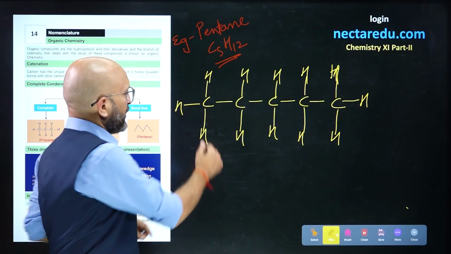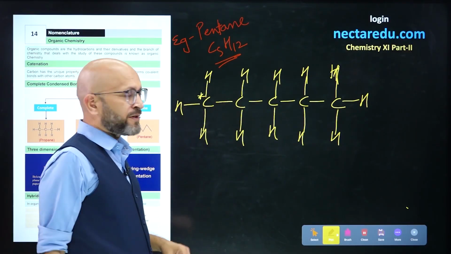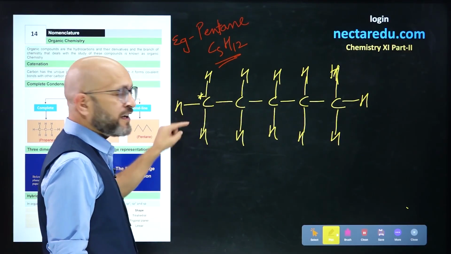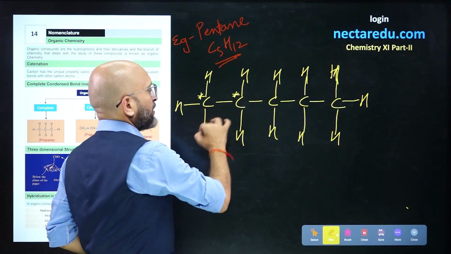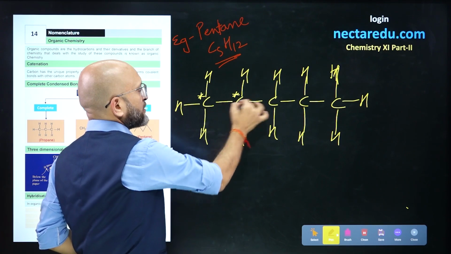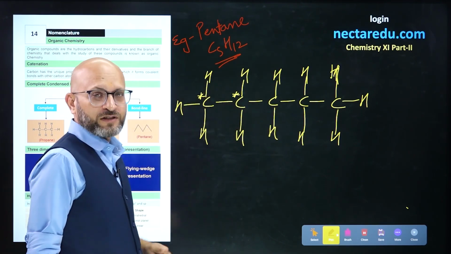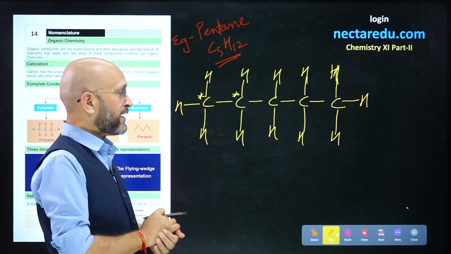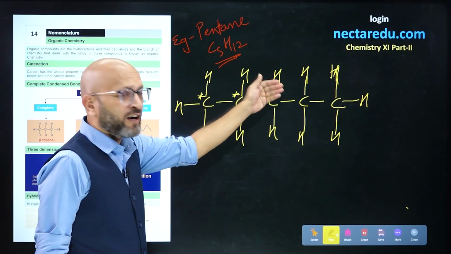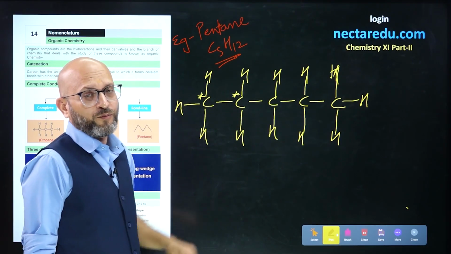If I am checking this carbon, it has formed 1 bond with this carbon, so the remaining 3 bonds are formed with hydrogen. Similarly, this carbon has formed 2 bonds with adjacent carbons, so the remaining 2 bonds are formed with hydrogen. Alright. Each carbon atom you can check in this structure must have 4 covalent bonds.